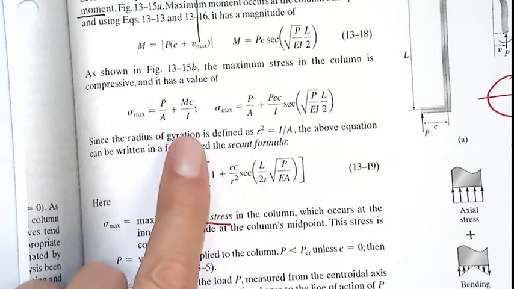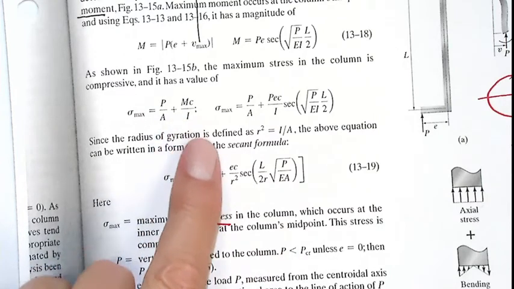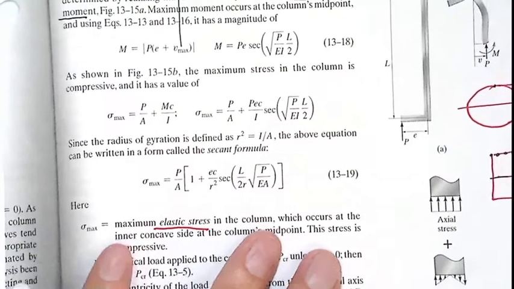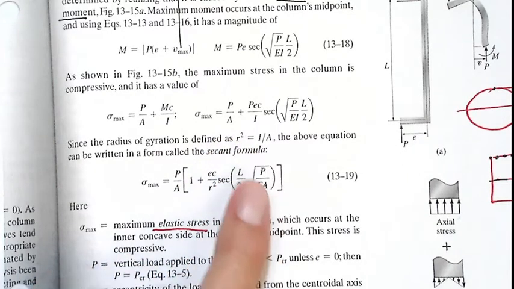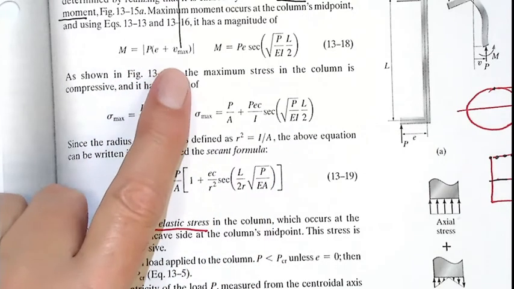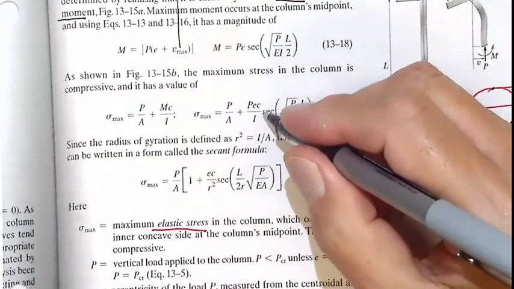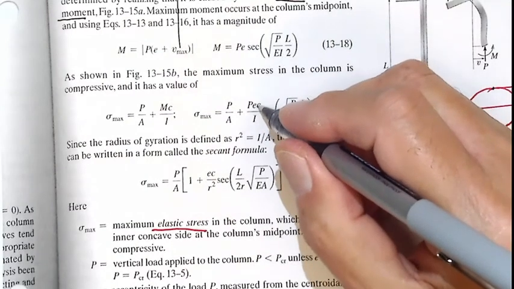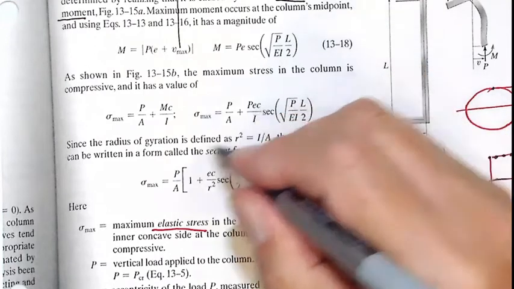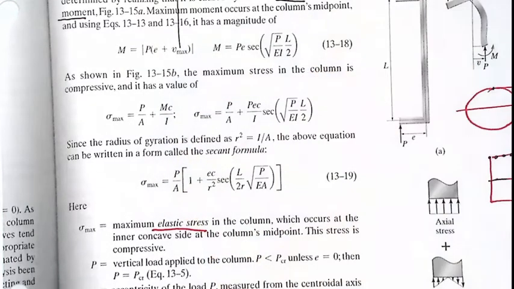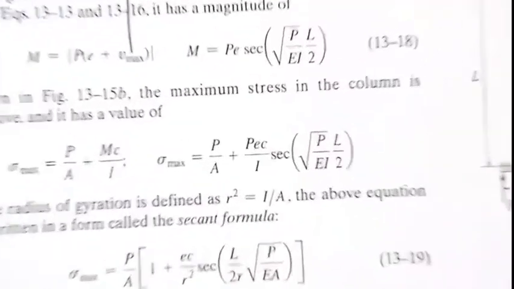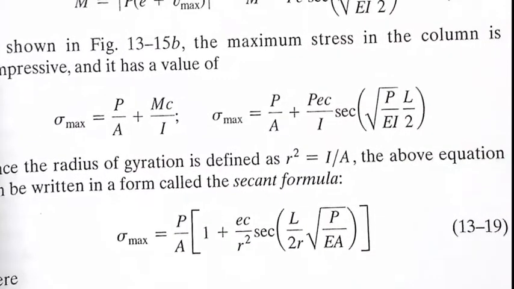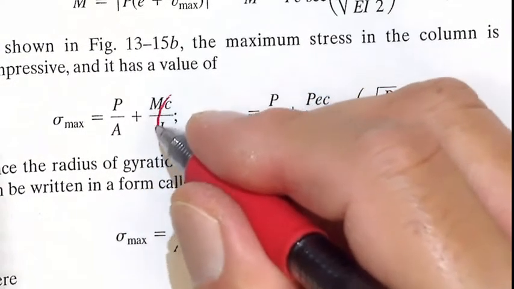So now I substitute this, and I get P over A plus P times v max times c over I, where I and c belong to the strength of materials formula.